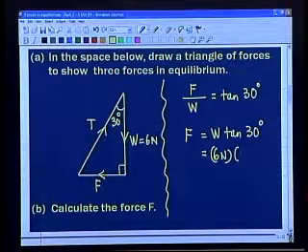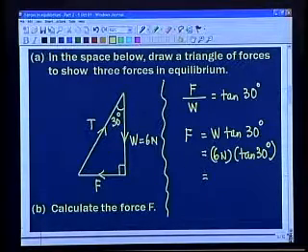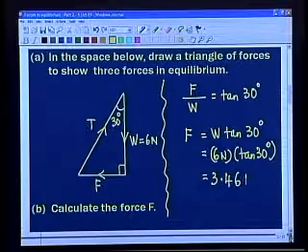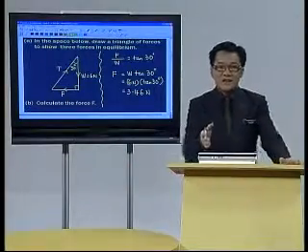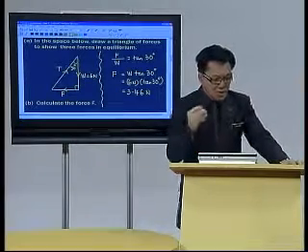And what is W? 6 newtons. I multiply 6 newtons by tangent 30 degrees. Now you can touch your calculator. After you have used your calculator, you will find that the value would be approximately 3.46 newtons.